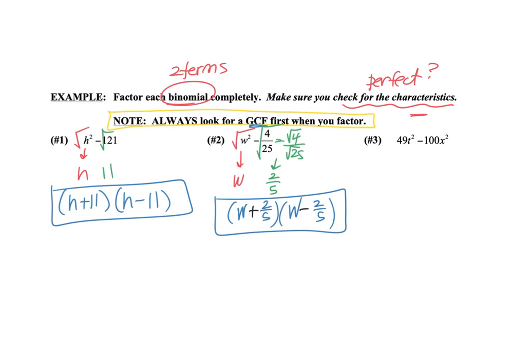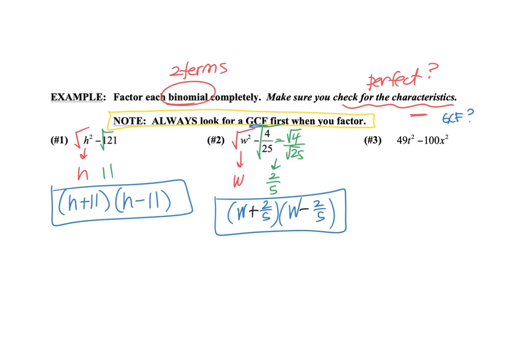All right, number 3. Now, number 3 is a little weird. There's some big numbers in there. So my first question, do we think there's a GCF between 49t squared and 100x squared? The answer should be no, because I don't have anything that goes into 49, and they don't share any of those variables.